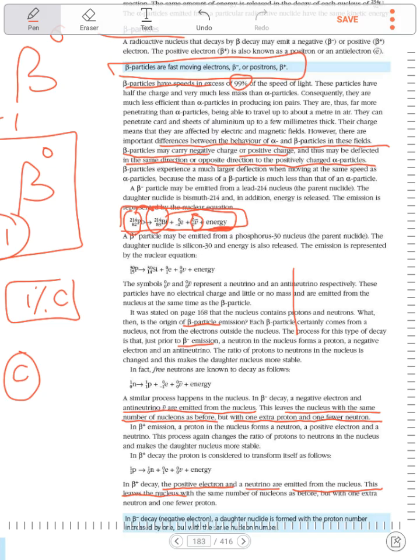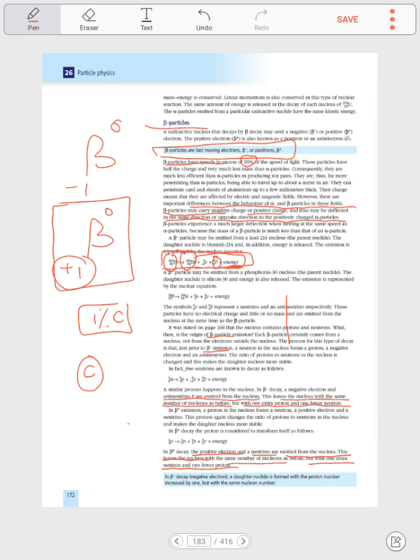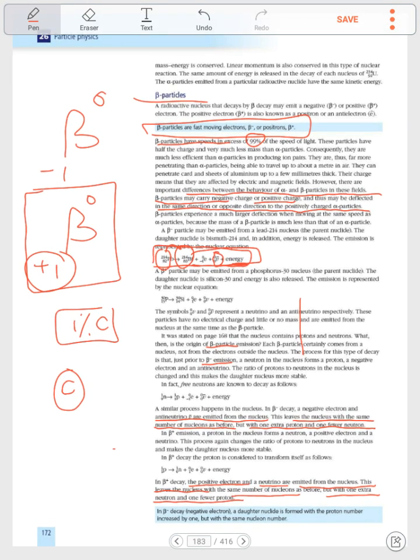This leaves the nucleus with the same number of nucleons as before, but with an extra neutron and one fewer proton. In beta negative decay, a daughter nuclide is formed with the proton number increased by 1, but the same nucleon number.